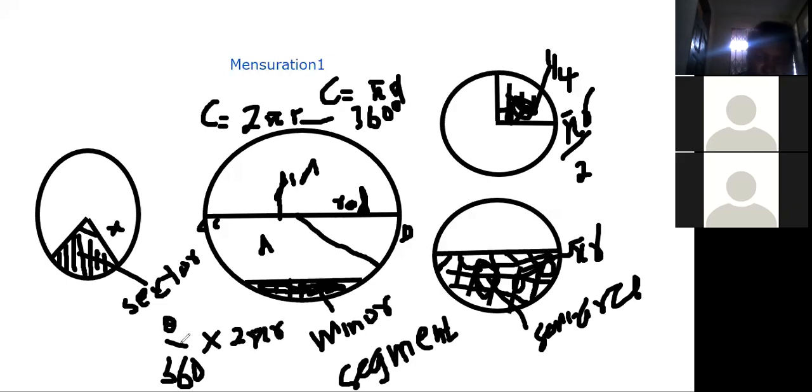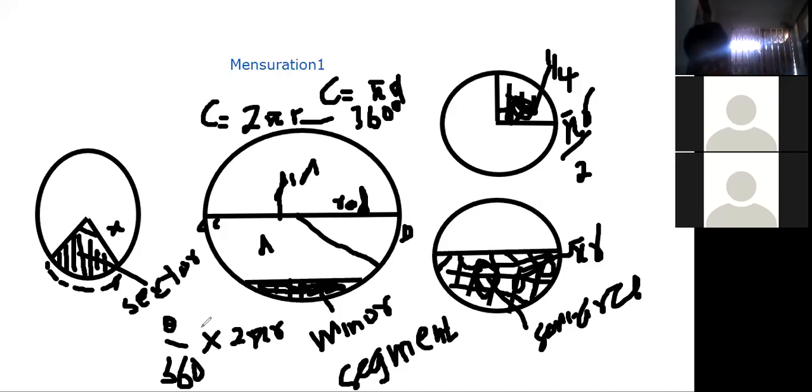If you want to find for x, it can be x all over 360 times 2 pi r. That is if you want to find the length of the minor arc, from here to here. The length of this minor arc is given by theta all over 360 times 2 pi r.